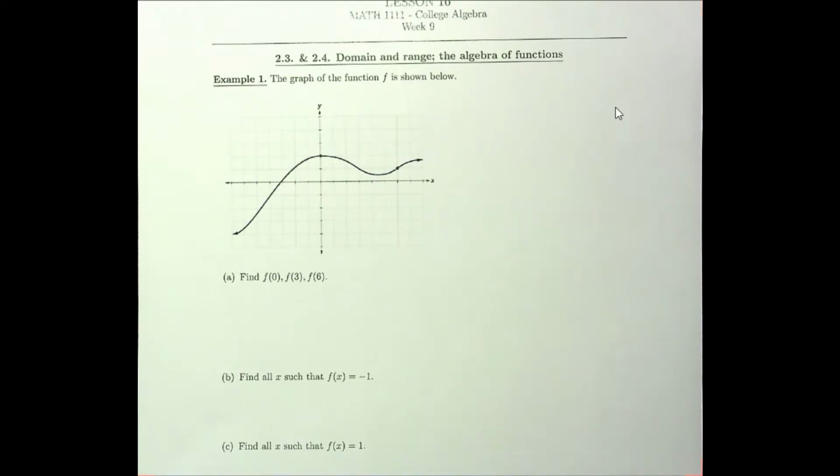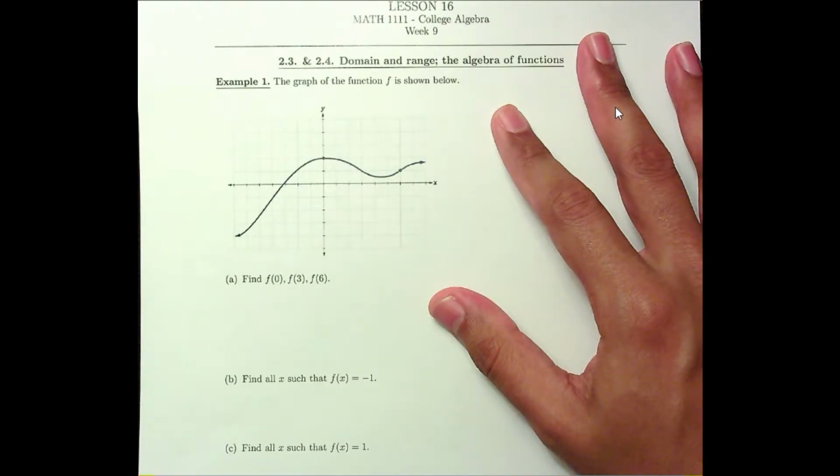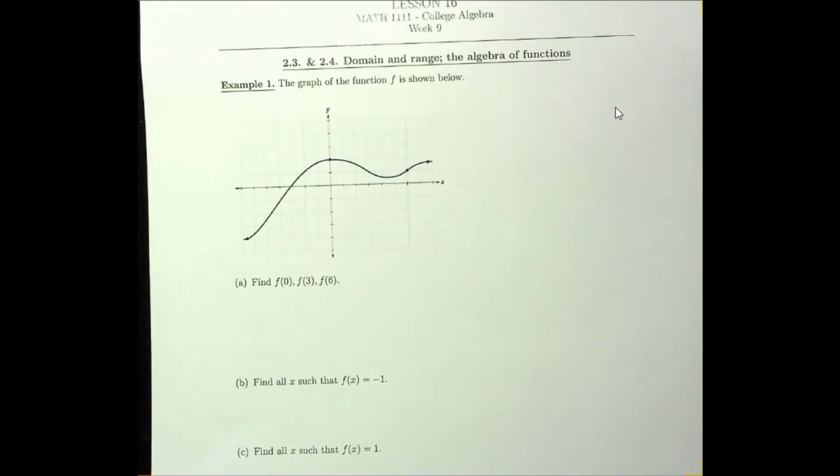Okay, but before we get into that, there's this example about how we evaluate functions from the graph. Remember that we already discussed how to evaluate functions if you have the formula. To evaluate a function if you have the formula, all you have to do is plug in. We did that in lesson 15.